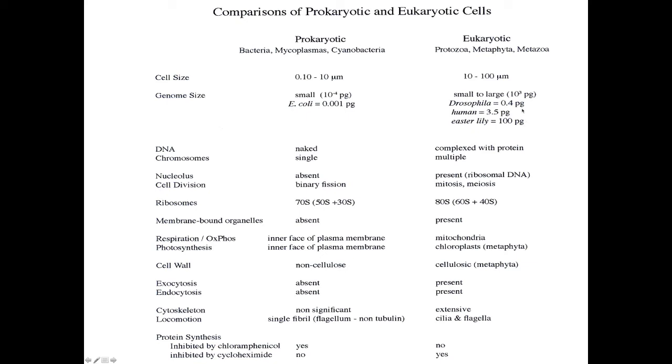So we're not going to talk about why some eukaryotic cells have a lot of DNA, but just understand that eukaryotic cells do have a larger genome size than prokaryotic cells. As you are aware, eukaryotic DNA complexes with lots of different proteins, notably histone proteins and non-histone proteins, and arrays itself into multiple linkage groups called chromosomes.